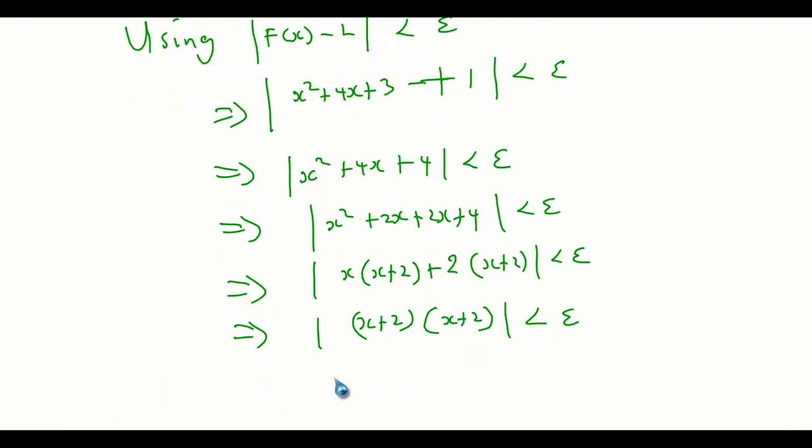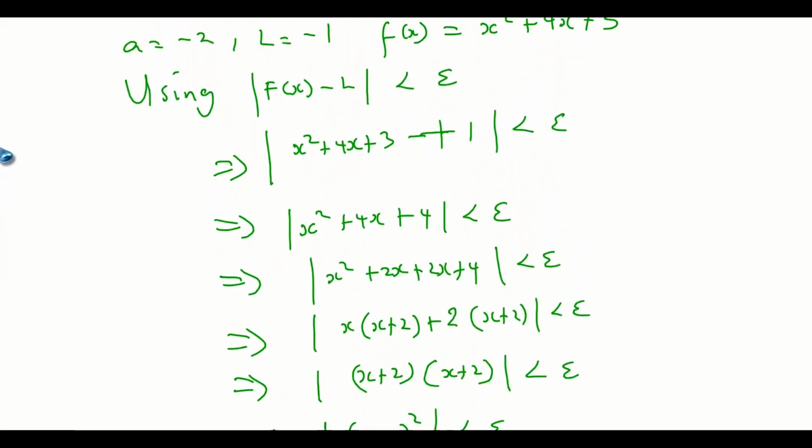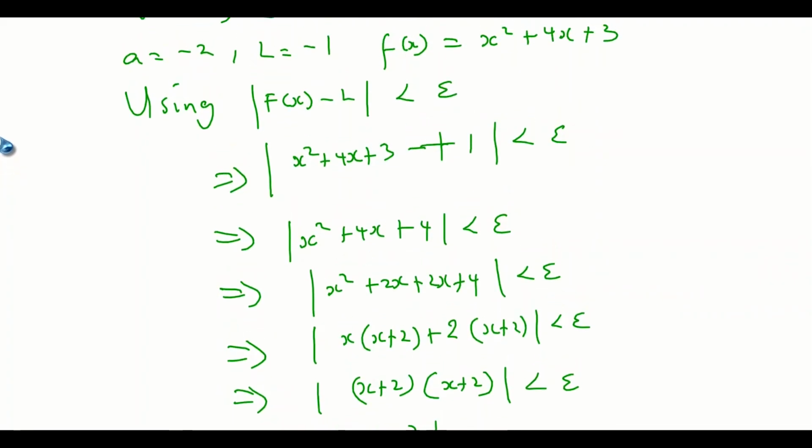So you can say that this implies that the absolute value of x plus 2, squared, is less than epsilon. So for this one now, what can you do? If you compare this one, the value of our A is equal to minus 2.